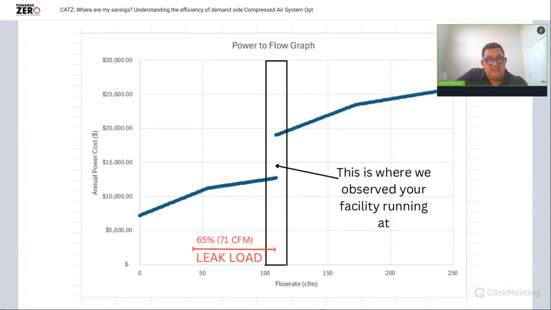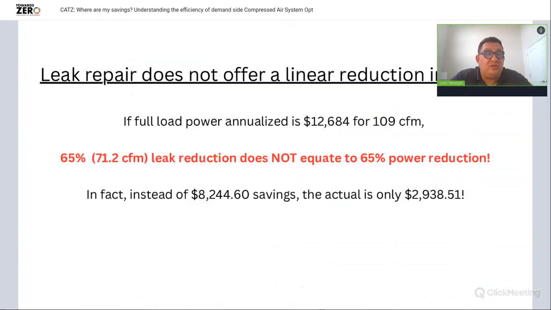So in this case, like we said, 71 CFM was the leak load. Now, if we thought that a linear reduction in power matched that leak repair, then we might say that $8,244.60 was the customer's annual savings.